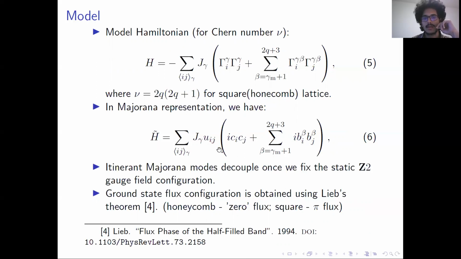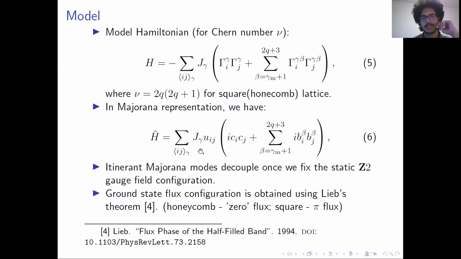If you look at a subspace where Uij is fixed, then these itinerant modes decouple. The ground state flux configuration can be obtained from Lieb's result, where honeycomb has a zero flux space and square lattice has a pi flux space, from which you know what the values of Uij are.